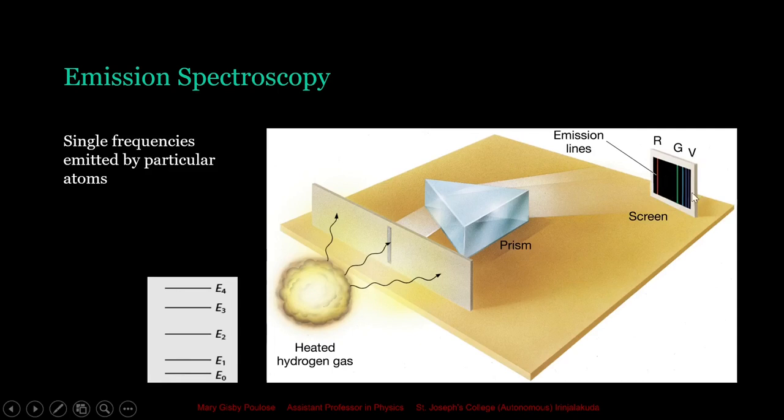Now the violet line represents de-excitations from higher energy levels, because violet has lower wavelengths. It means it has higher frequencies, and that means it has higher energies. So the atoms are de-excited from higher energy levels.